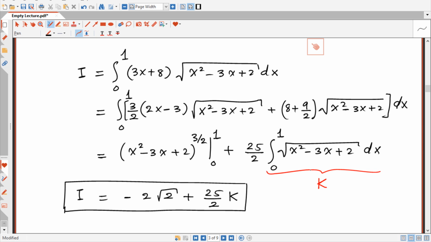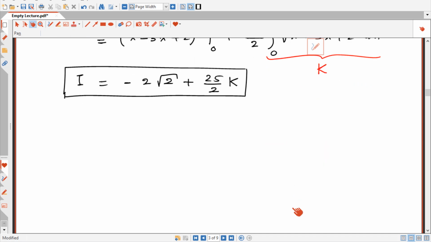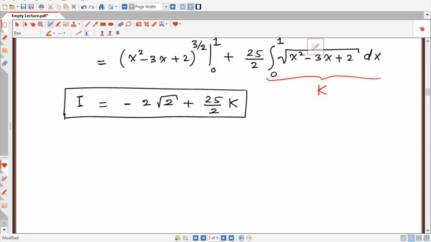Let's evaluate k. K is the integral from 0 to 1 of the square root of x squared minus 3x plus 2. So to evaluate this, let's write it down first. K is equal to the definite integral from 0 to 1 of the square root of x squared minus 3x plus 2 dx. This can be solved using integration by parts.